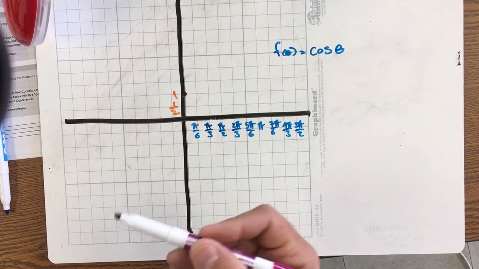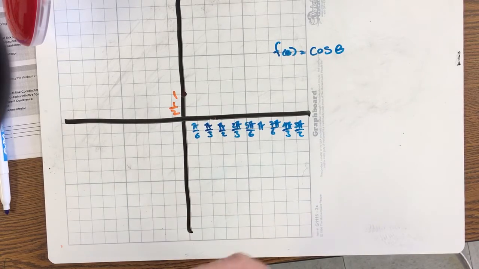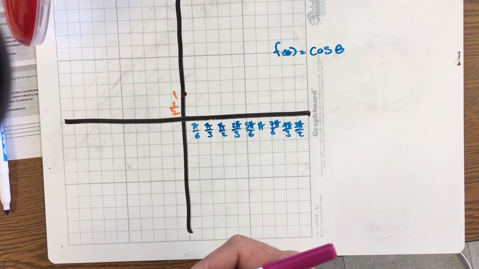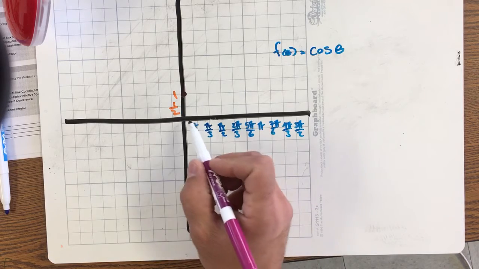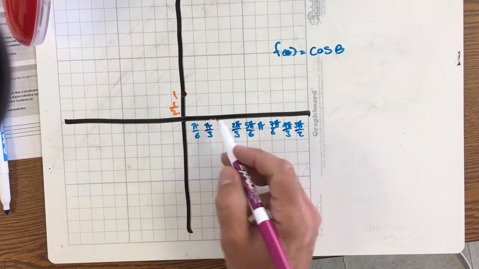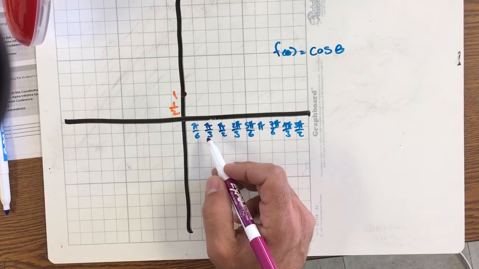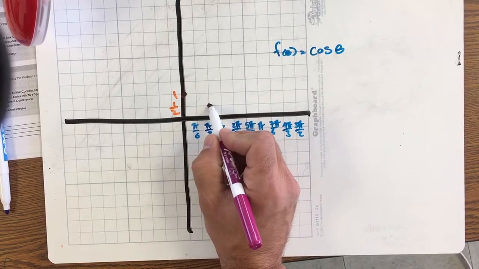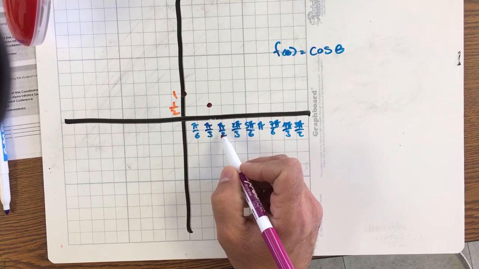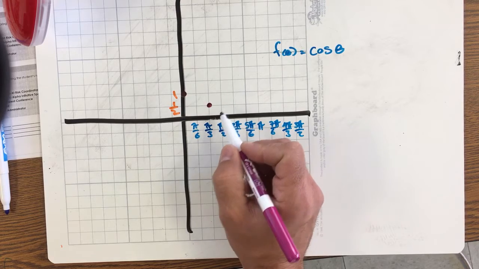And then I know that when I'm at the cosine of pi over 6, I'm at the square root of 3 over 2, which is going to be really hard to graph, so I'm going to skip over that one. When I'm at pi over 3, I'm at 1/2. When I'm at pi over 2, I'm at 0.